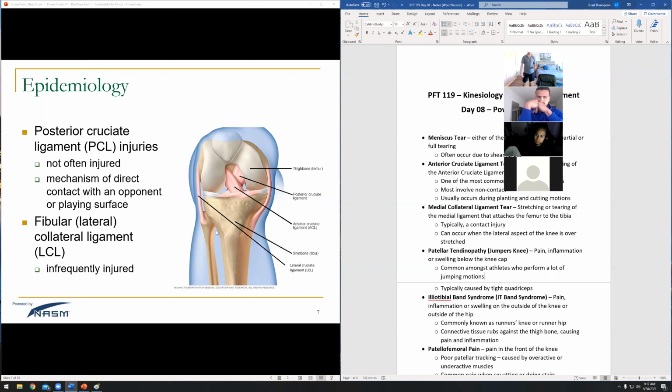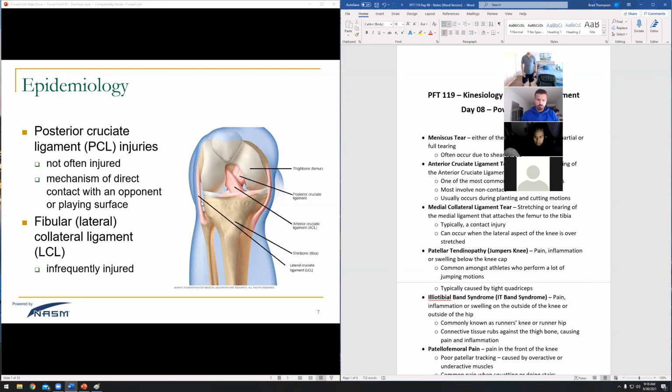We don't see many people do that, just based on the mechanics of our own bodies. The same thing is true of the LCL ligament, the one running over here. This one's also frequently uninjured for two reasons. Number one, it's already nice and long, which gives it a little more flexibility and mobility.